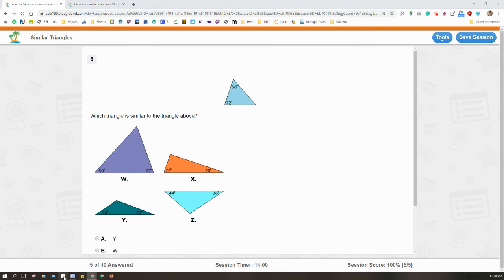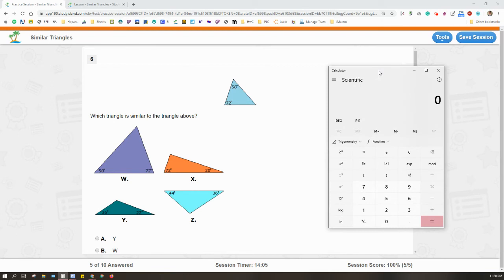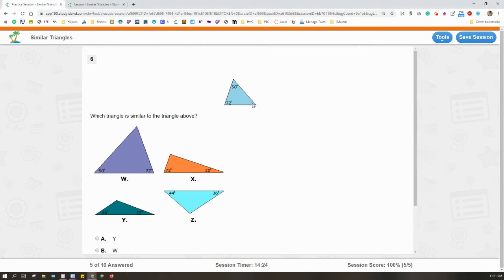I mentioned this before, you'd better learn it, you better know it, but all triangles have 3 angles that add up to 180 degrees. If you take all the 3 angles in a triangle, they have to add up to 180. So if I'm adding 58 to 72, 58 plus 72, I get 130. Well, this other angle has to get me to 180.